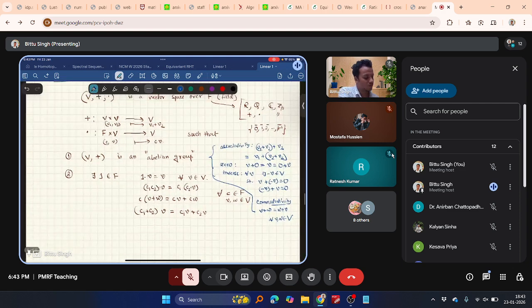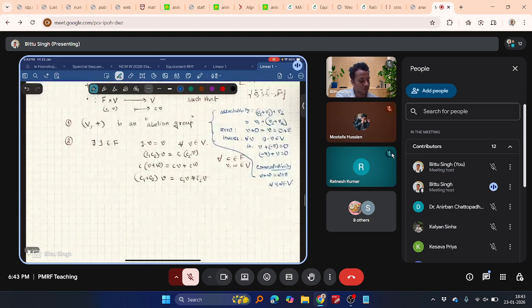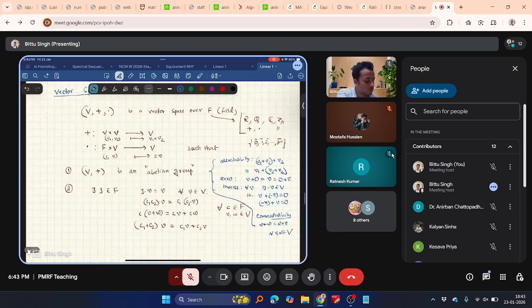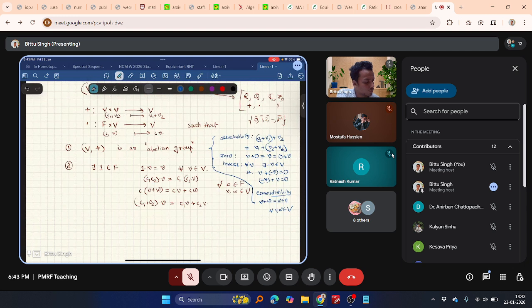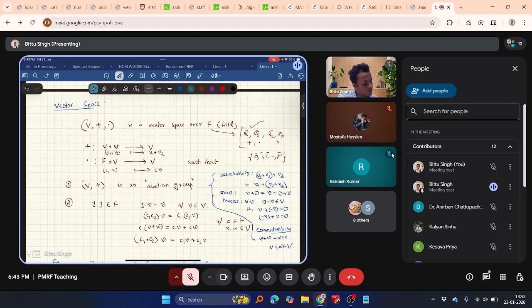So instead of looking at those properties, it is easier to consider some examples. The most natural example will be the real numbers. This is a vector space over the field R. R itself is a field, as we have already said.